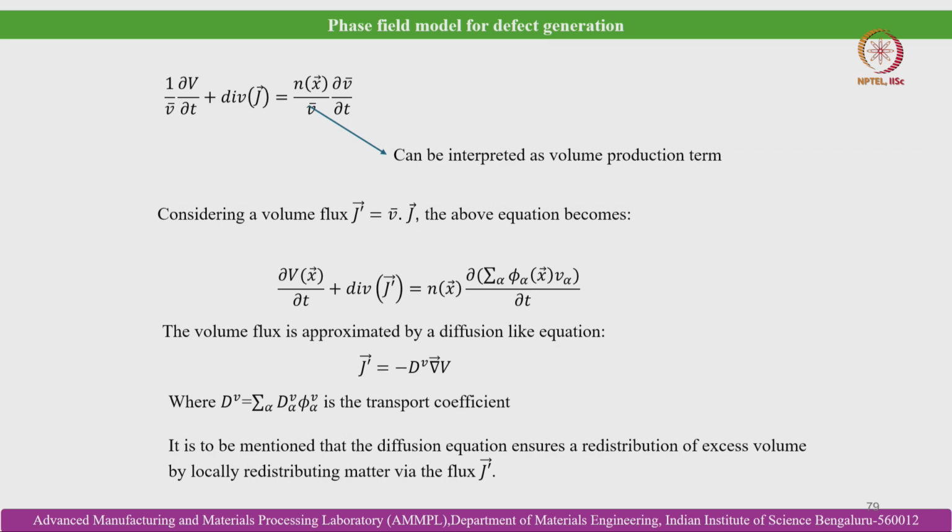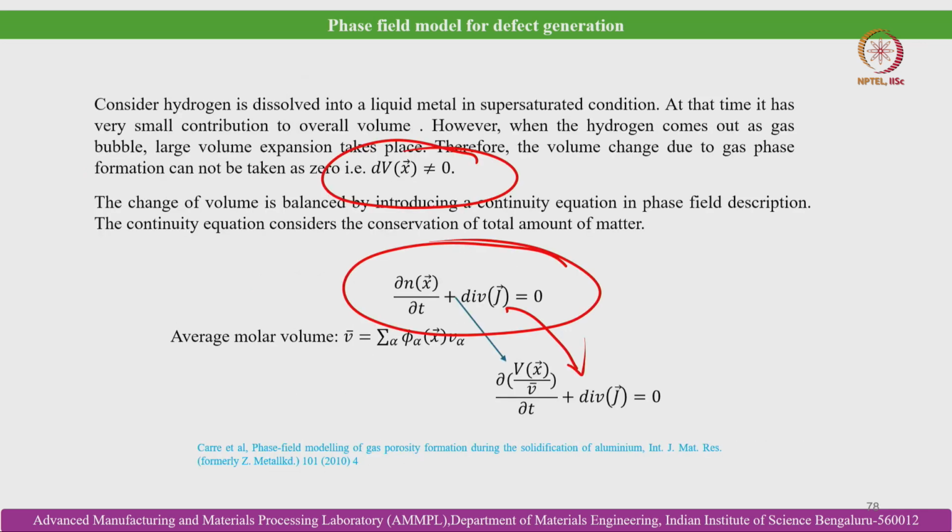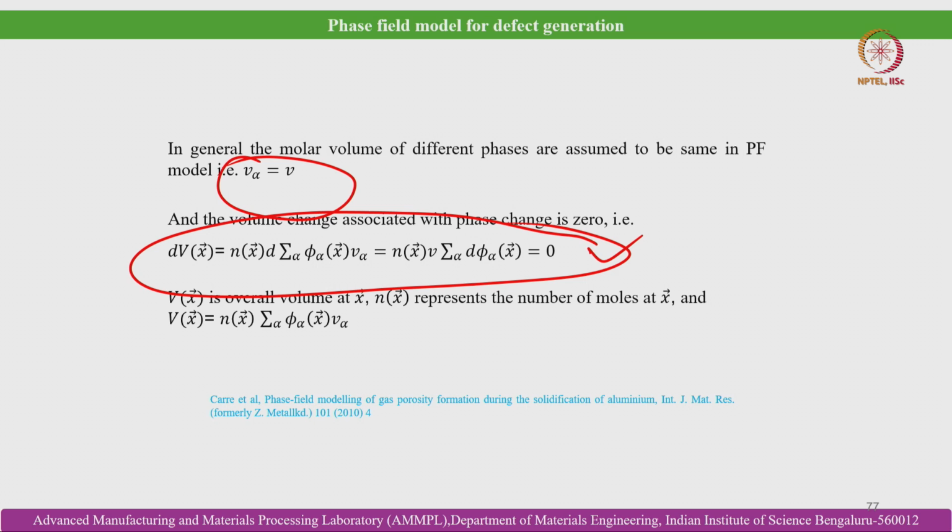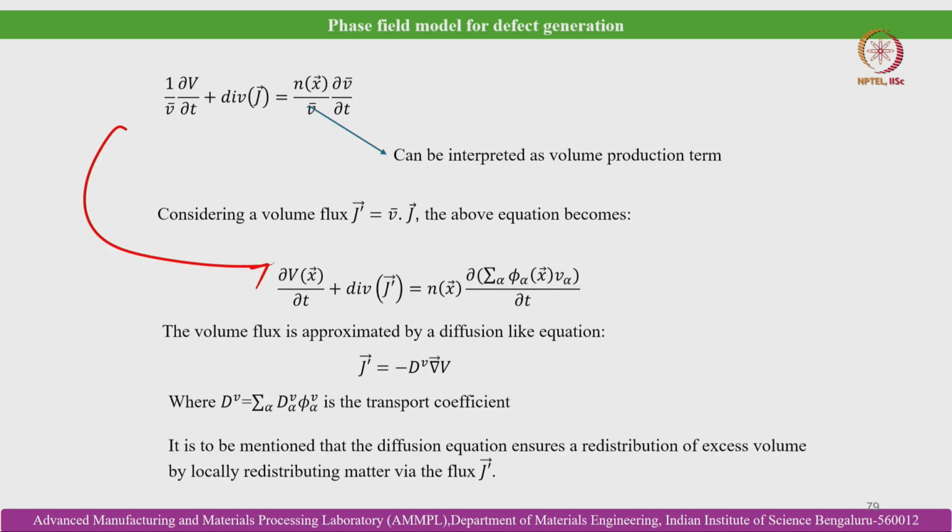So considering a volume flux j bar prime equal to V bar into j bar, the above equation gets further simplified into del V x bar by del t plus divergence j bar prime is equal to n x bar.